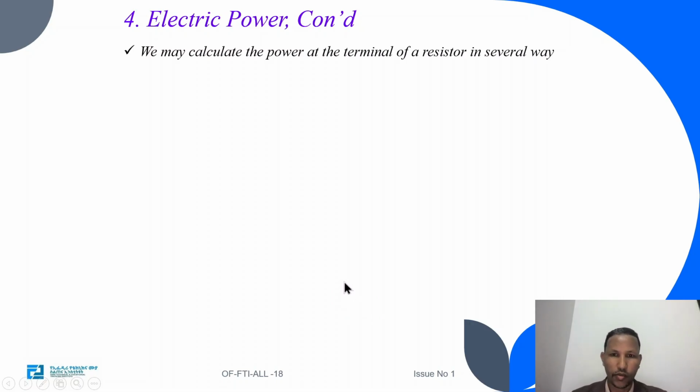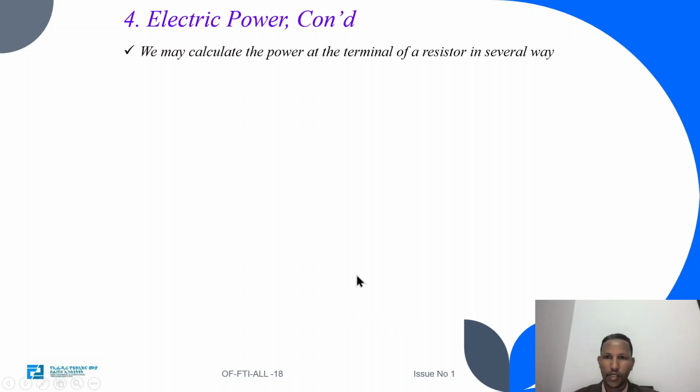In the last session, we have seen the potential difference and the electric power, how we can determine potential difference, voltage or electromotive force, as well as the electric power. Today we'll continue from the previous one.